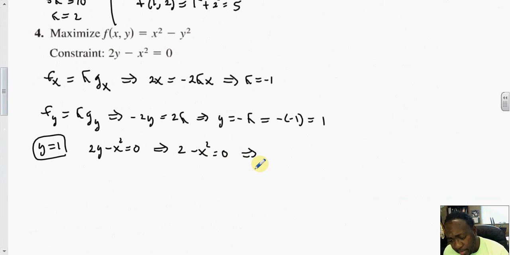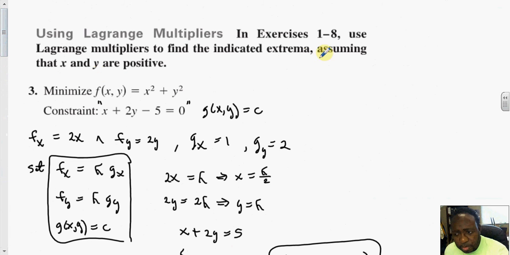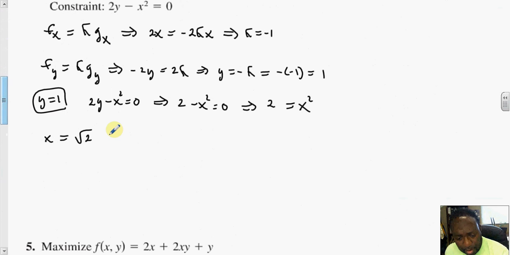That implies that x is equal to plus or minus the square root of 2. So x is equal to the square root of 2. We don't need the -1 because up top it said that you want to assume that your answers for x and y are positive. So we don't need the negative part, right?